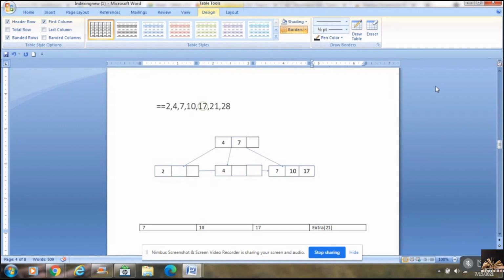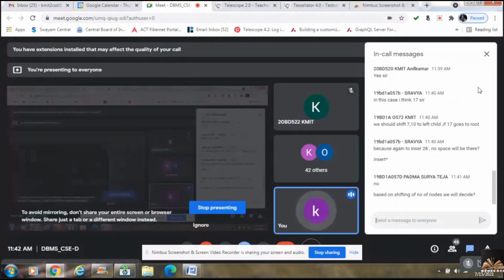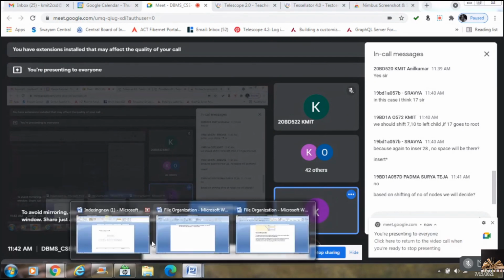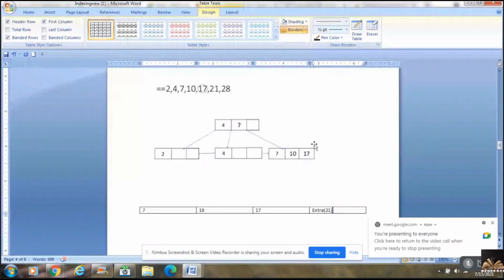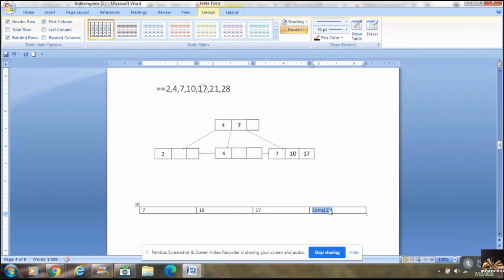Whenever you are working with inserting elements into a B plus tree, and you have got two elements as the middle elements, in this case with the element to be inserted, there are four elements here, 7, 10, 17, 21.